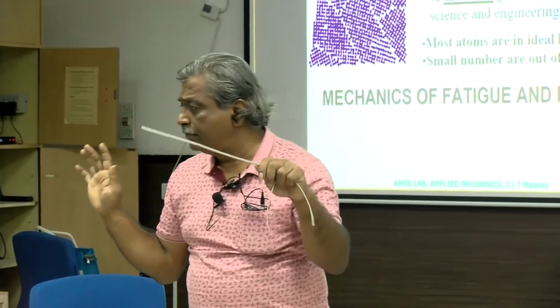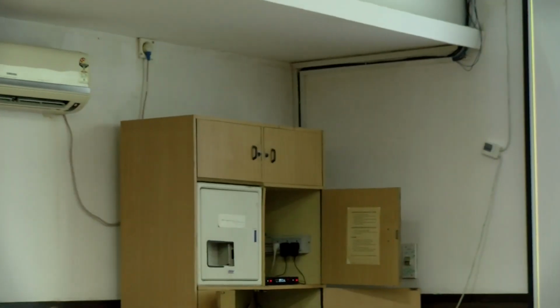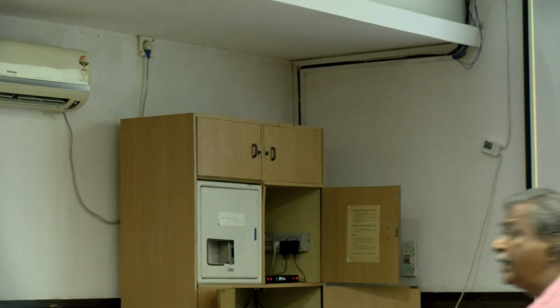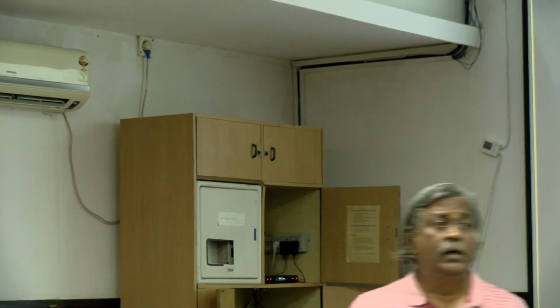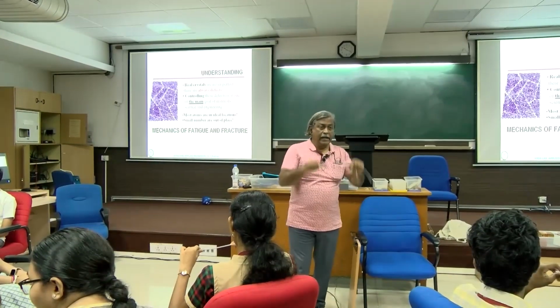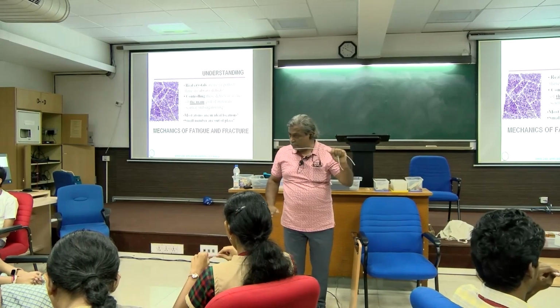And leave it. Very small bending and leave it. You will find that it comes back to its original length. If you have already bent a little bit more, it does not matter. In that bent state, again apply a little bit and leave it.